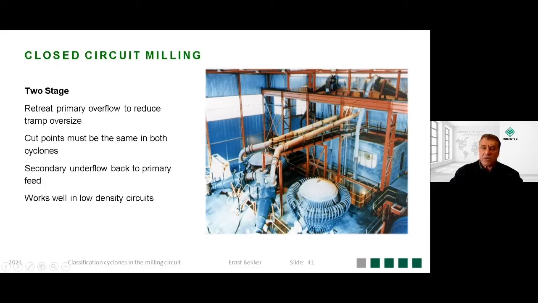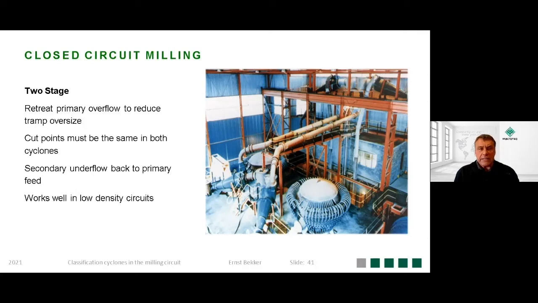The two-stage cyclones that I briefly mentioned earlier, you've got in this picture here, a primary cyclone. Overflow then gravitates to a secondary cyclone, and then the underflow of the secondary cyclone discharges to the mill discharge, not to the mill feed. And the primary cyclone underflow obviously goes to the mill feed. So this is to help reduce misplaced coarse material that is getting misplaced by the primary cyclone. It works well in low density circuits.